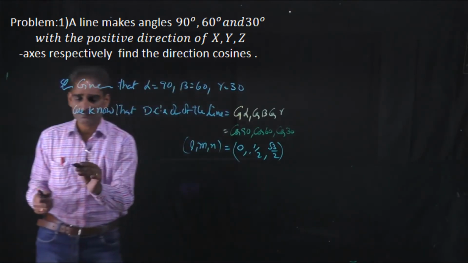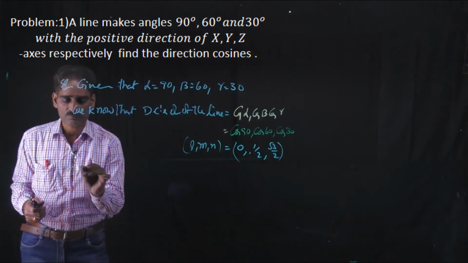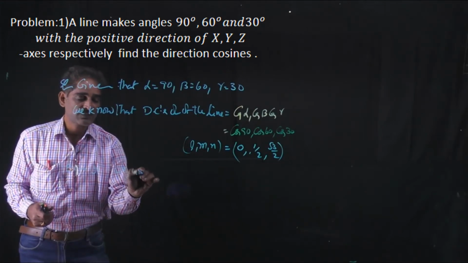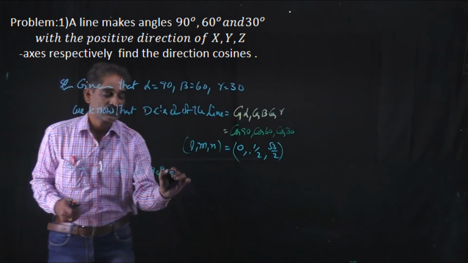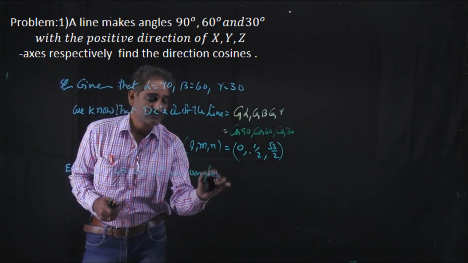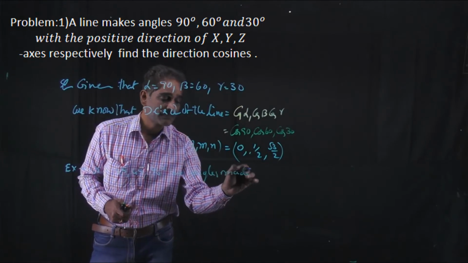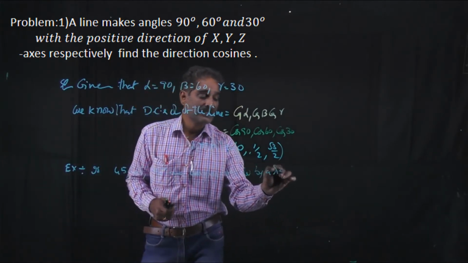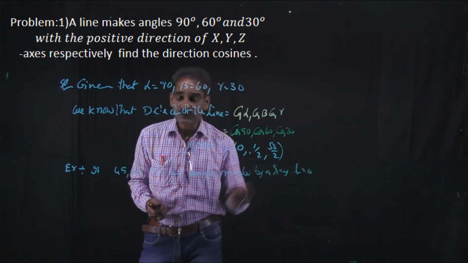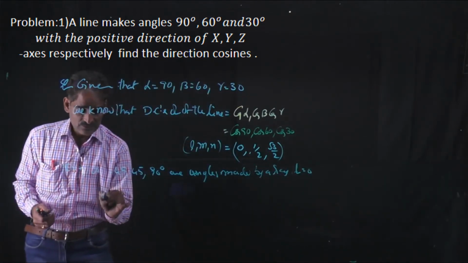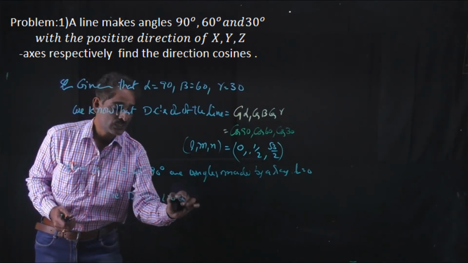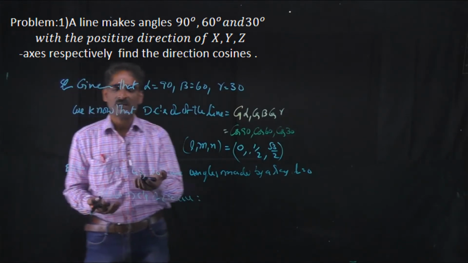Another example: if 45 degrees, 45 degrees and 90 degrees are angles made by a ray L, then what about the DCs? In case of this, the DCs are simply cos alpha, cos beta, cos gamma.